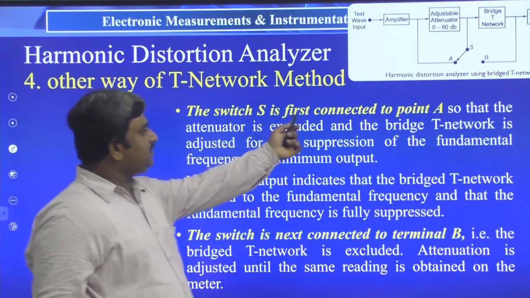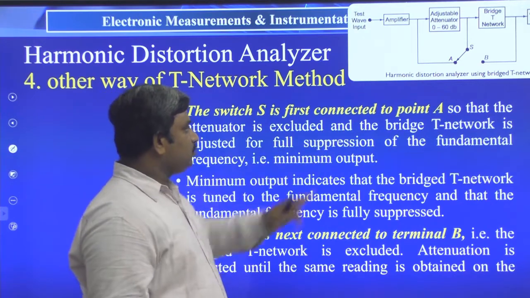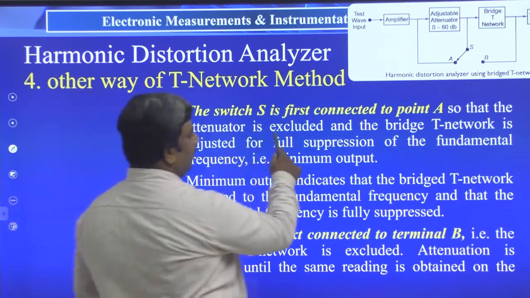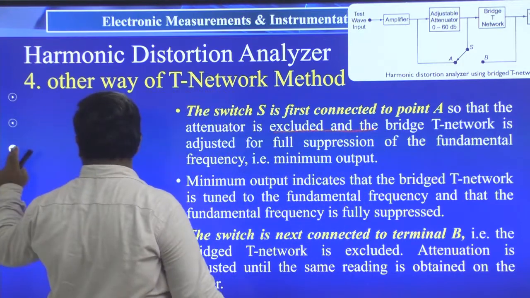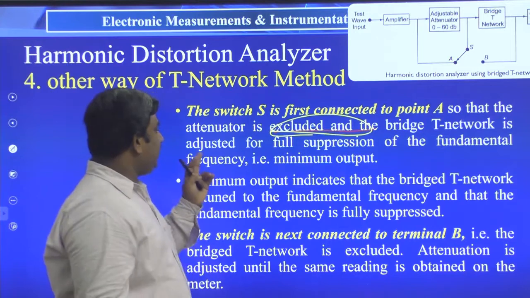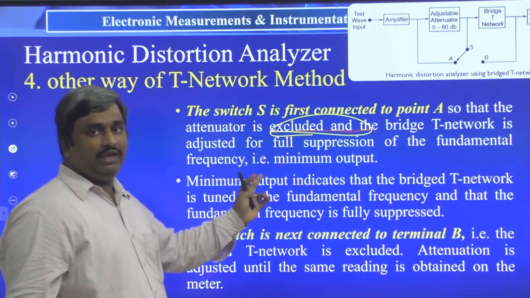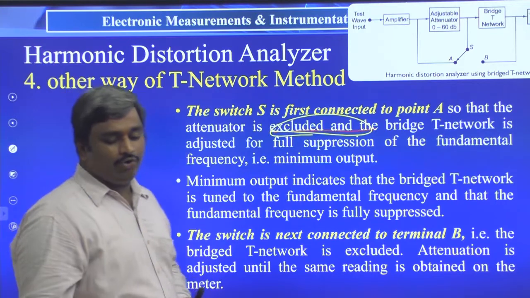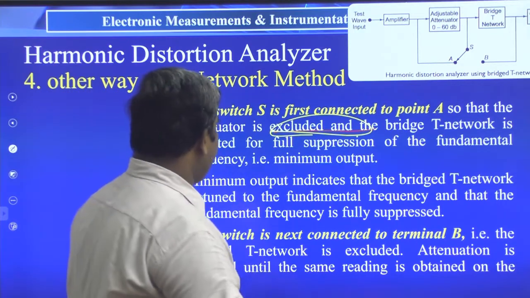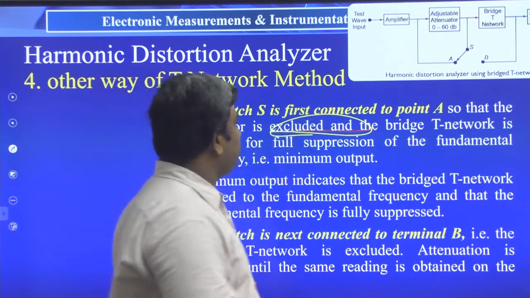The switch S is first connected to point A, so that the attenuator is excluded, and the bridge T network is adjusted for full suppression of the fundamental frequency, that is, minimum output.